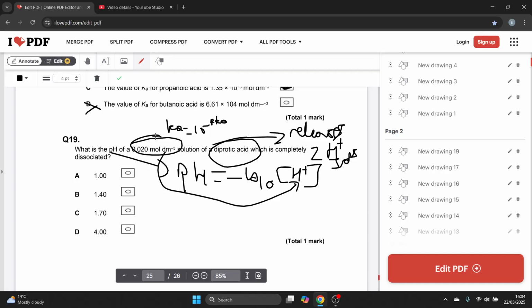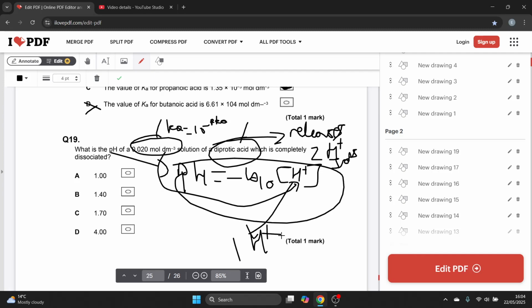Okay? It tells me this is the solution of a diprotic acid. So that was with 2H plus ions. But in the pH expression, I want 1H plus ion. I want the concentration of 1H plus ion substituted there. So I'm not going to do minus log 10 of 0.020 times by 2.